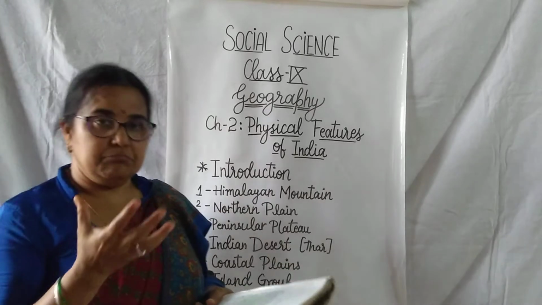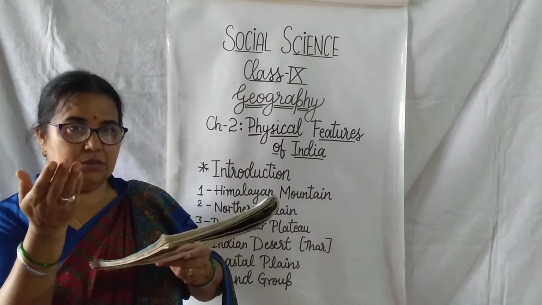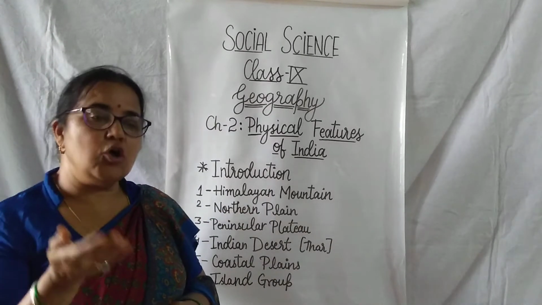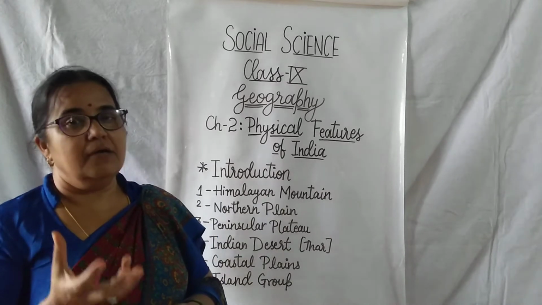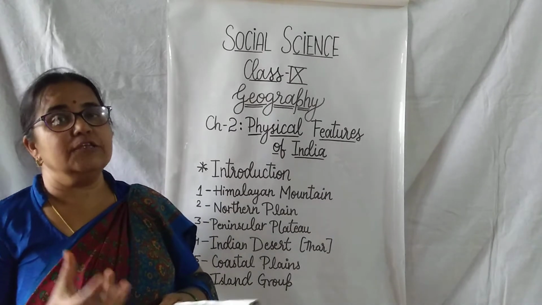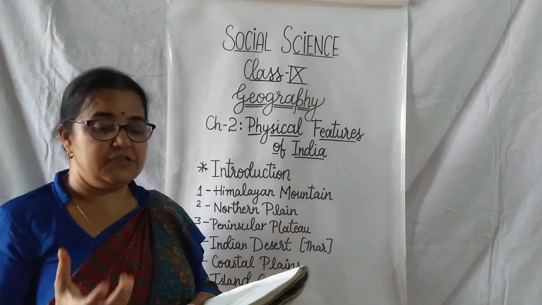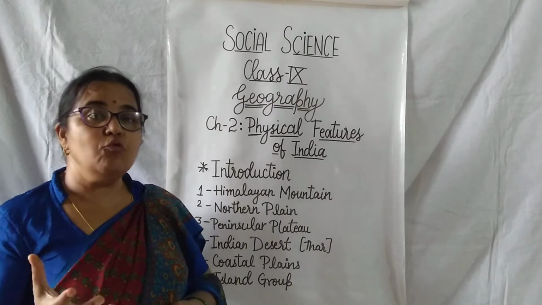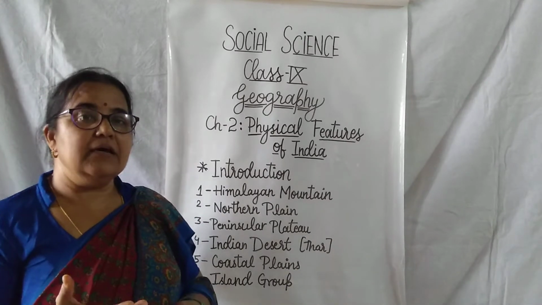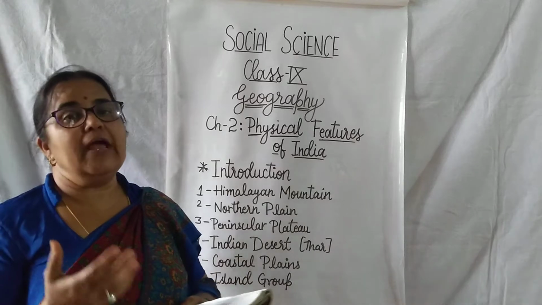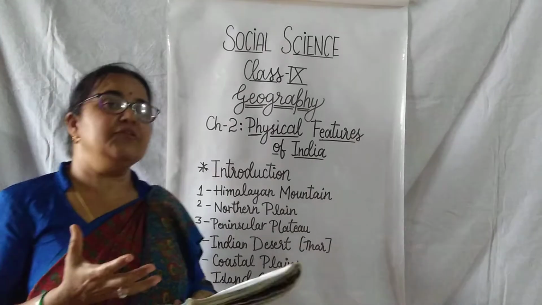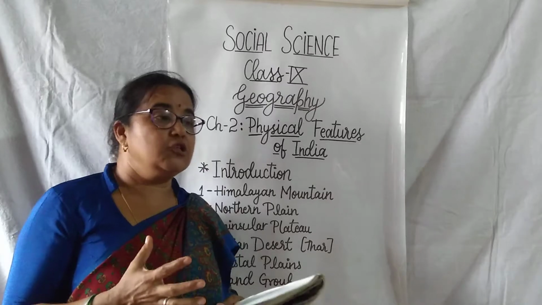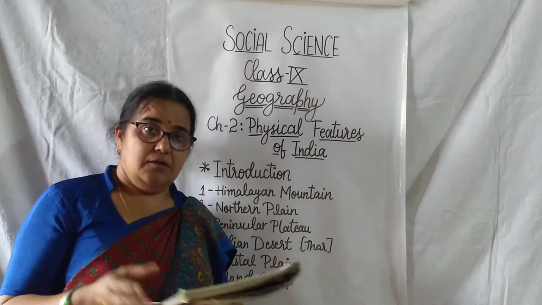Our Earth is based on these plates, and these plates are responsible for the formation of different physical features. When these plates move here and there, they perform different activities, and these activities are responsible for the formation of different features of our country.